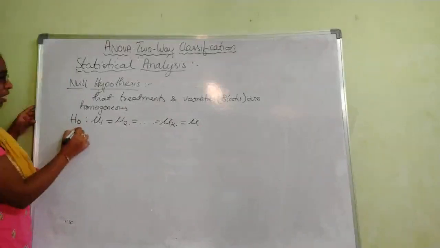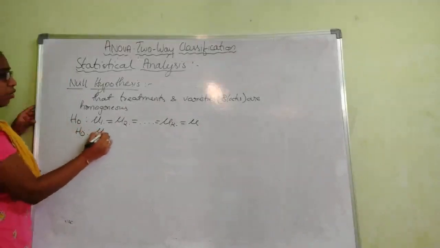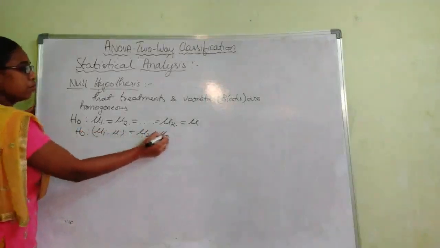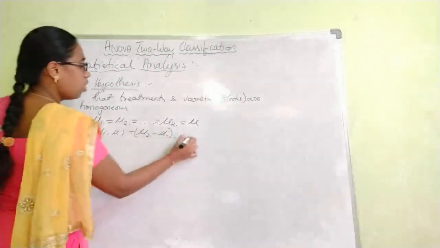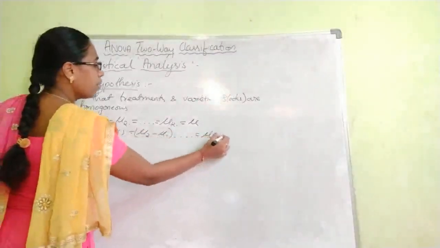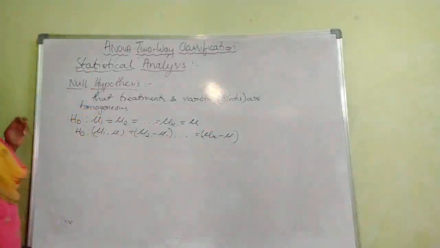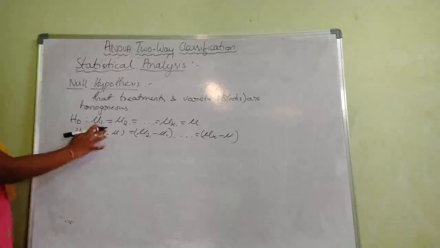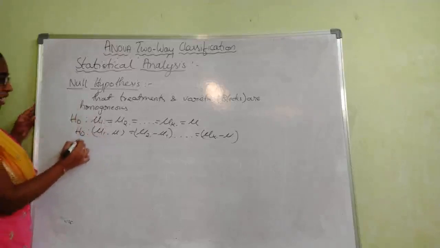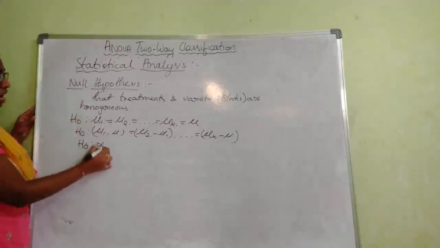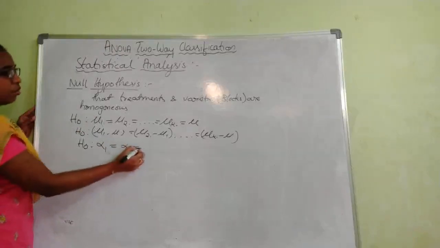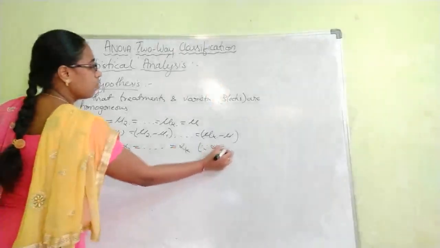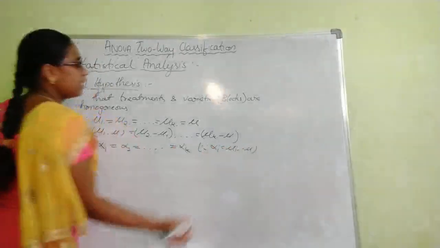So this is H naught such that mu1 dot minus mu equals mu2 dot minus mu, and so on up to mu k dot minus mu. Since mu i dot minus mu is nothing but alpha i, we can write H naught such that alpha 1 equals alpha 2 equals and so on to alpha k.